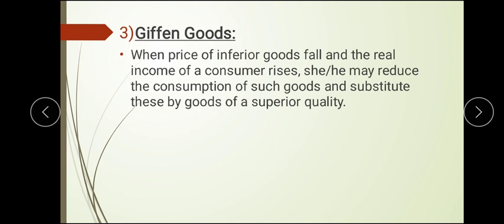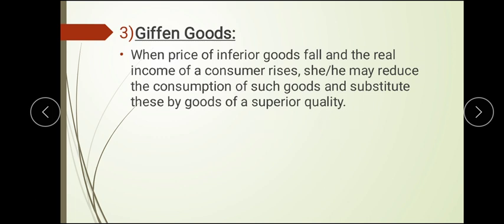And suppose he gets a job as a manager or a supervisor there, his income increases. What will happen? He or she might reduce the consumption of such inferior quality goods, and will buy or consume superior quality goods.